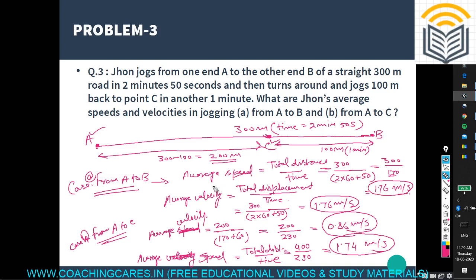So both are the same in case A because distance and displacement are the same. But in case B, while considering movement from A to C, average velocity is different, average speed is different, because displacement is different. Here displacement is 200 and here we are considering distance, which is 400. So I hope you guys understood this completely.